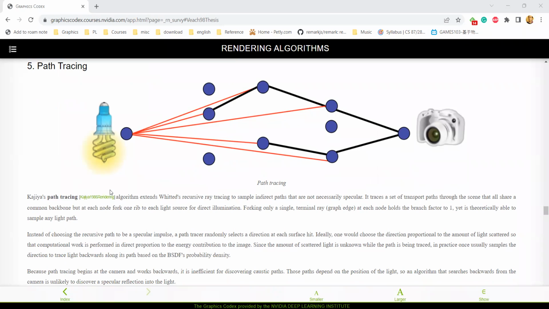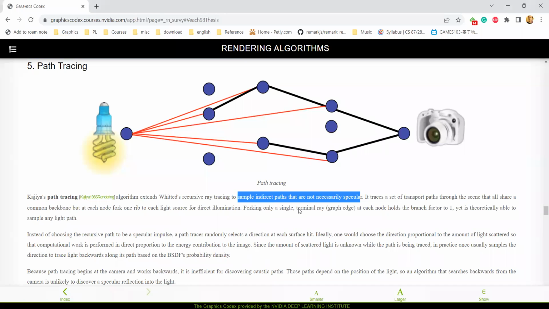It suggests path tracing algorithms extend weighted recursive ray tracing to sample indirect paths that are not necessarily specular. Like having multiple diffuse bounces, which weighted ray tracing just fails at. It treats a set of transport paths through the scene that all share a common backbone, but at each node forks one ray to a light source for direct illumination.